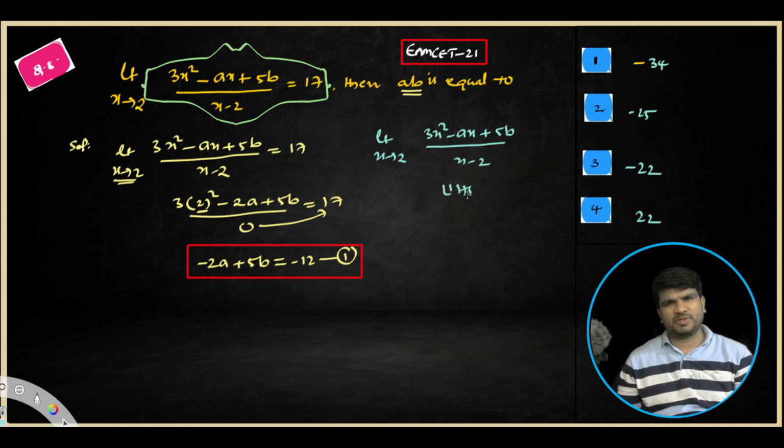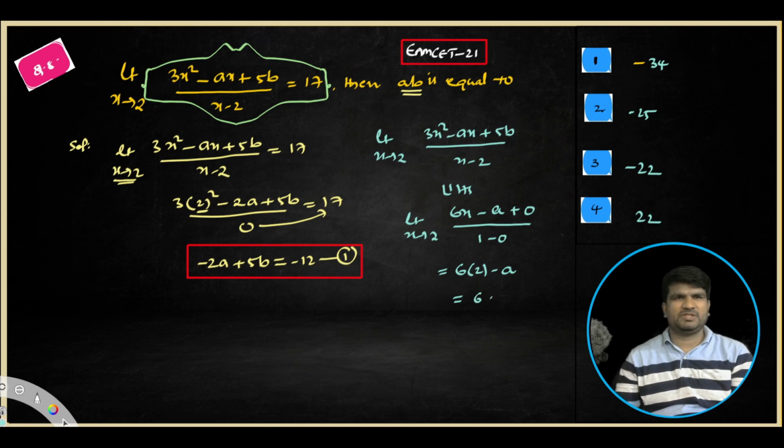According to L'Hospital, we differentiate the numerator and denominator with respect to x. Differentiation of 3x² is 6x, of ax is a, of 5b is a constant so 0, of x is 1, and of a constant is 0. Now if you put x equals 2, this will become 3 times 2 times 2, 12, minus a.